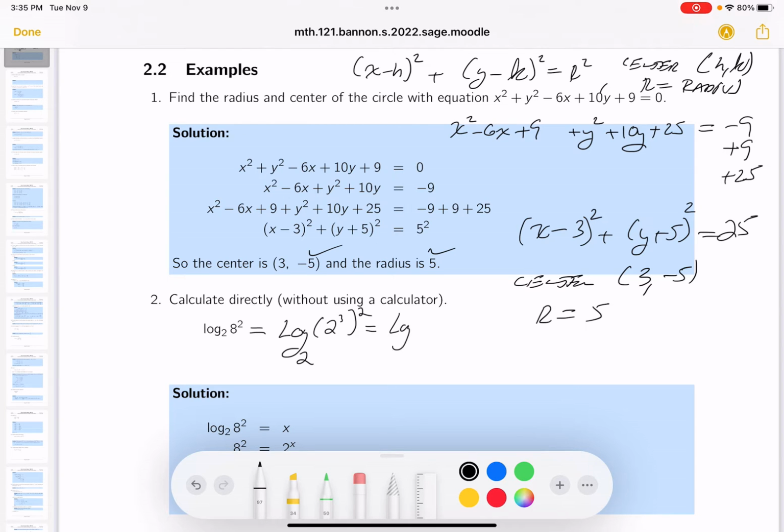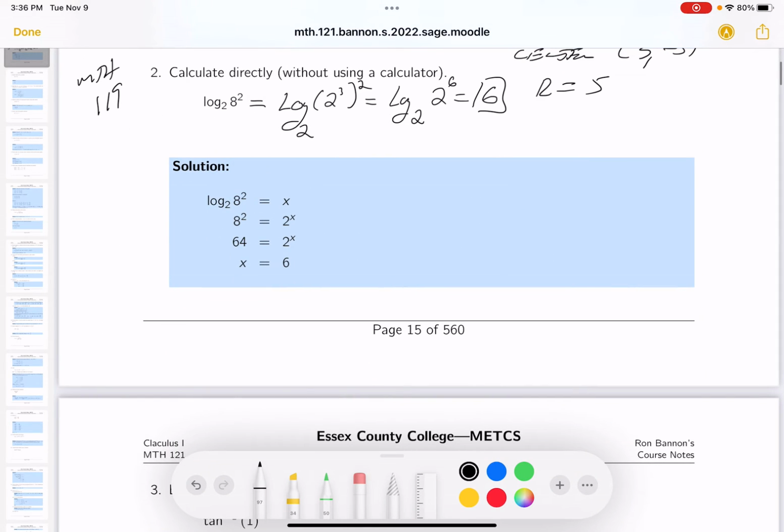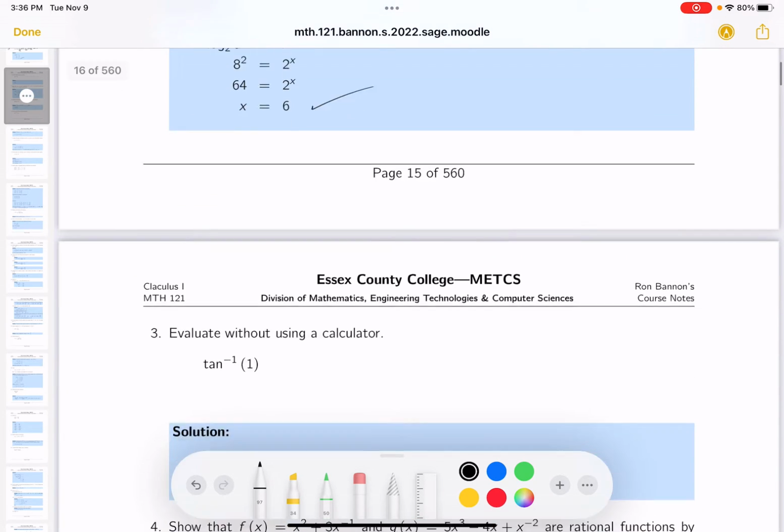It gives you log base 2 of 2 to the 6th power. Well, this will just be equal to simply 6. Again, logs were covered in Math 119. So number 1 is Math 100. Number 2 is Math 119. Now, when I say that, if you need to review logs, go back to the 119 notes and review logs. All right? Answers are provided for a reason, by the way.